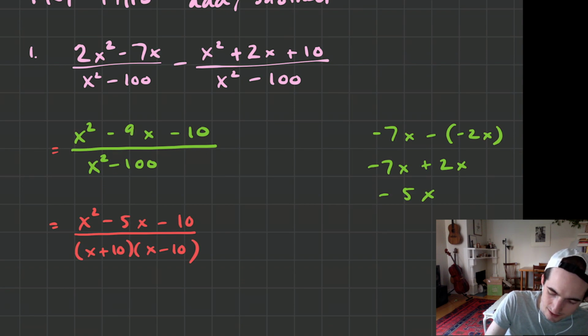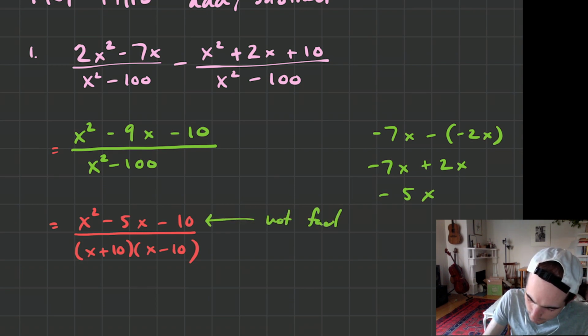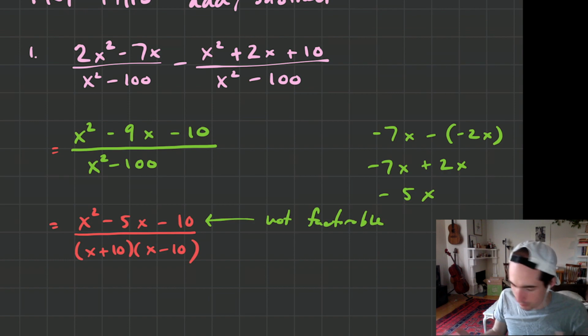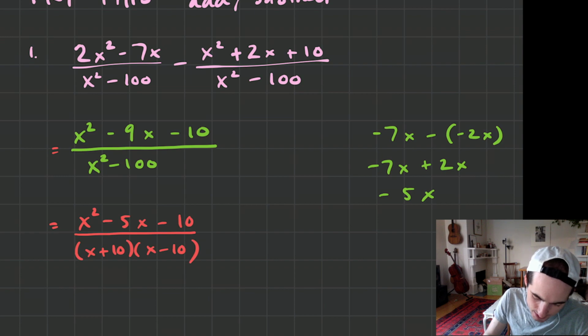So we've got negative 9x, because as it stood before, this top one is not factorable. I mean, you could probably use the quadratic formula and get some kind of radical and pull that out, but that's not very interesting because it's not going to be plus 10 or minus 10.